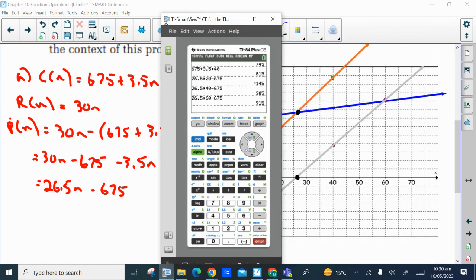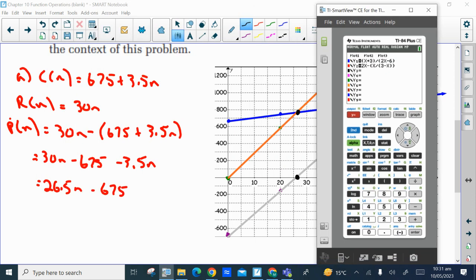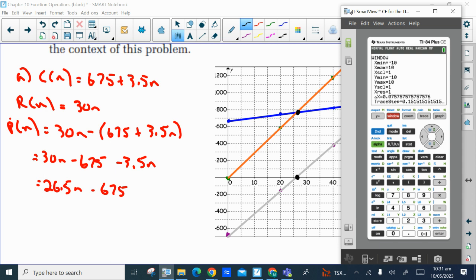So again, we could do this by putting all three equations in there. The first one is 675 plus 3.5x. The second one is just 30x. And the last one is 26.5x take away 675. The grid that we have here kind of tells us what our window should be.